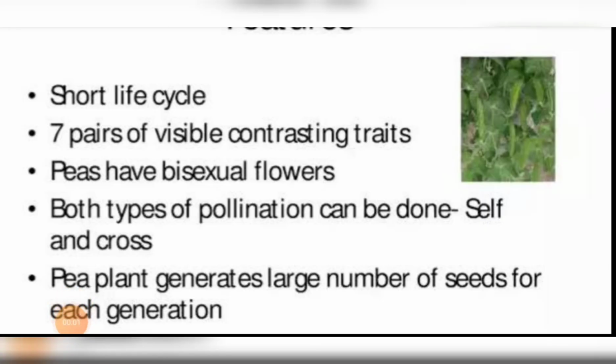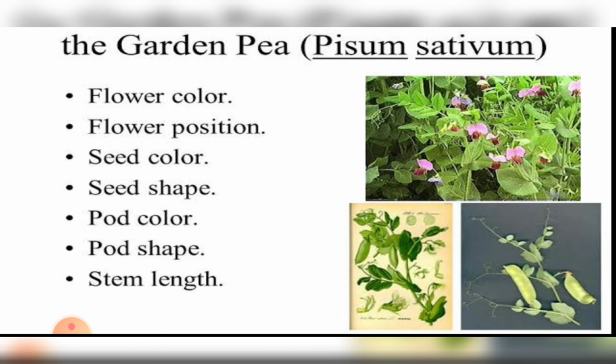First, the pea plant is an annual plant with a short life cycle of 2 to 3 months, so a large number of offspring can be analyzed within a short period of time. Next, it has 7 contrasting traits like flower color, flower position, seed color, seed shape, pod color, pod shape, and stem length.